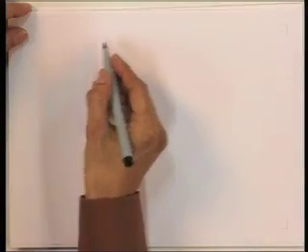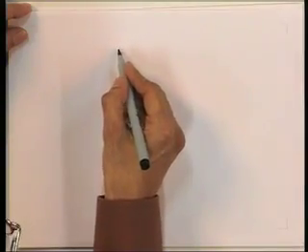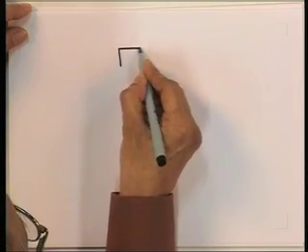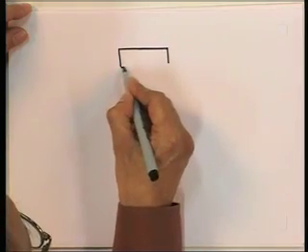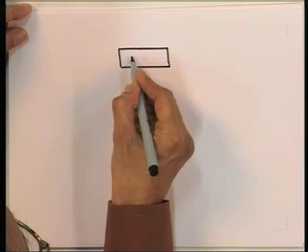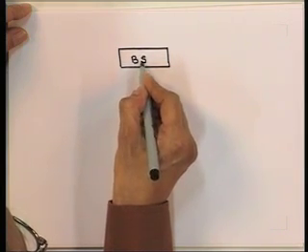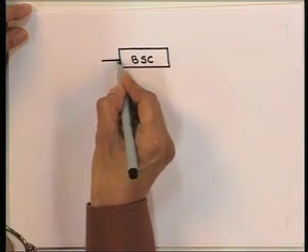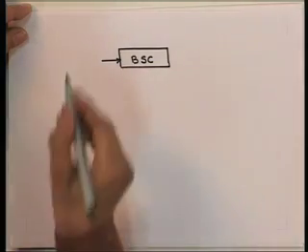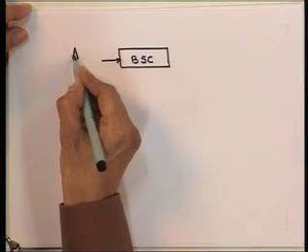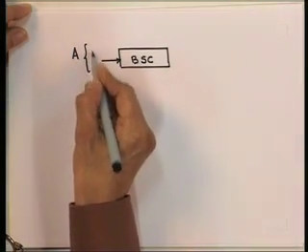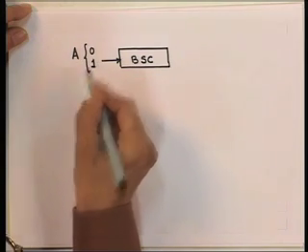So, consider first the use of a binary symmetric channel to transmit reliable messages as shown in this figure. The input to this channel is alphabet A consisting of letters 0 and 1.